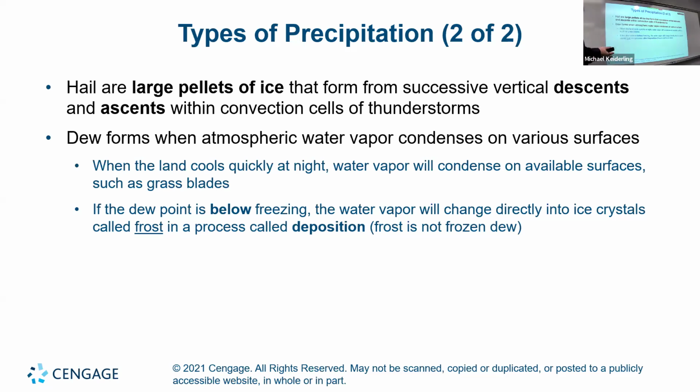So when the land cools quickly at night, water vapor will condense on available surfaces like grass or your windows. And if the dew point is below freezing, that water will form directly into ice crystals called frost in a process called deposition. So frost and frozen dew are different and they look different. Frost has that spindly, dramatic looking ice structure, while frozen dew looks like frozen droplets of water.